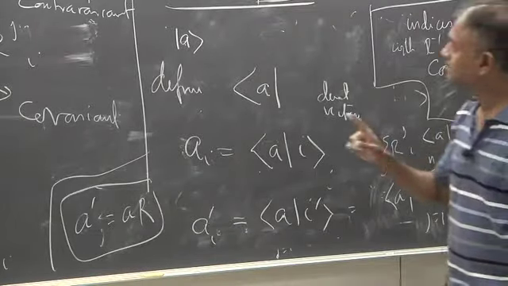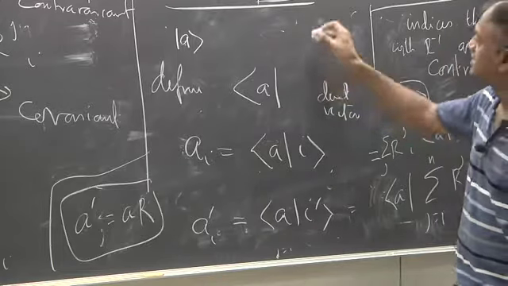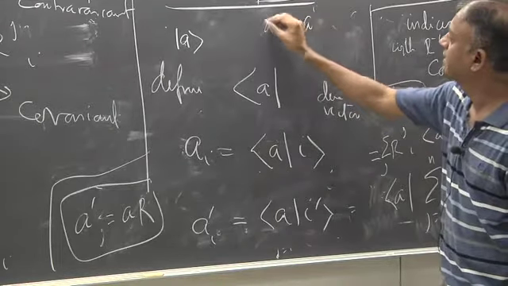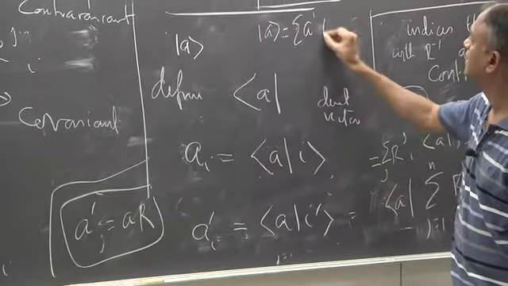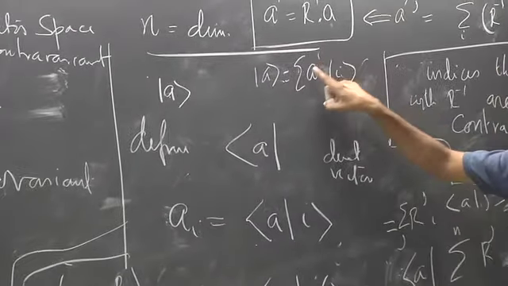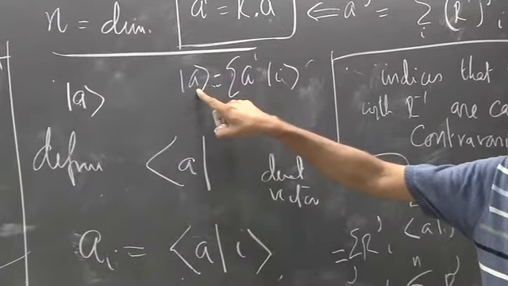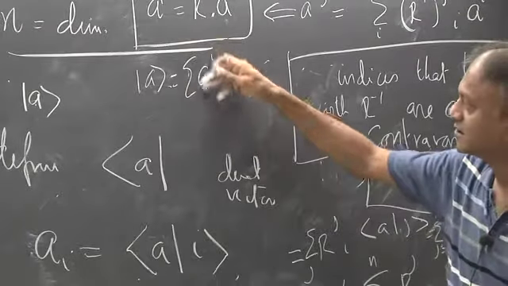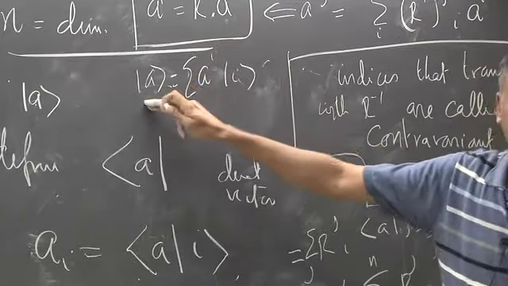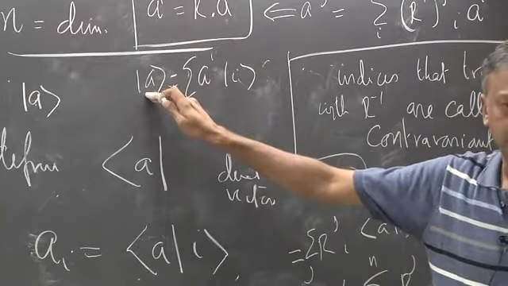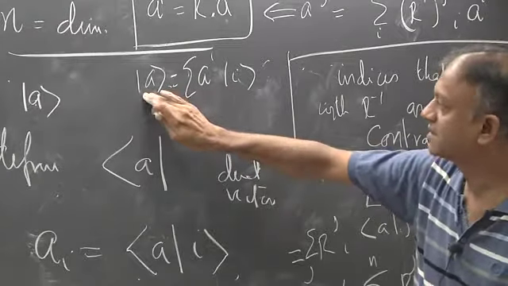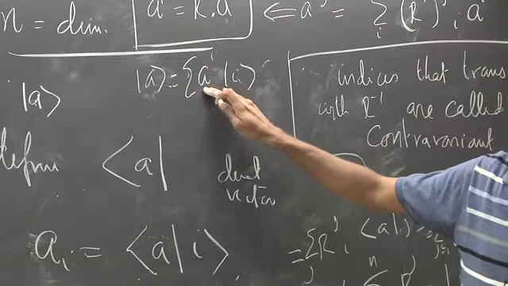One must say that just as the coefficients A_i, in which we defined A as a sum over i, uniquely specify the vector A, give me these numbers and this uniquely specifies a vector, and vice versa. Give me a vector, then these numbers are unique.